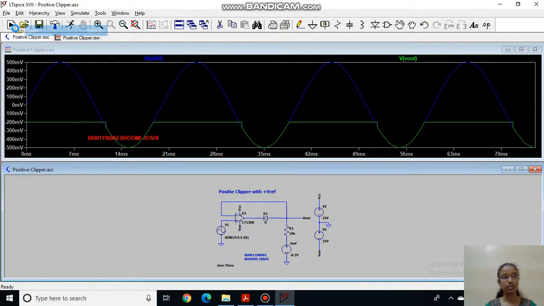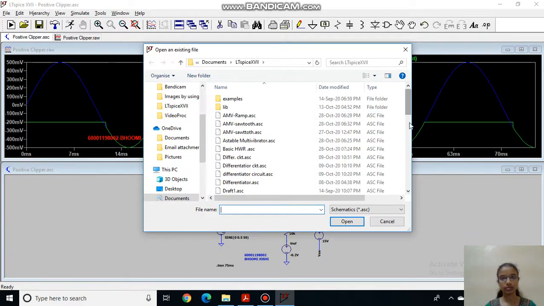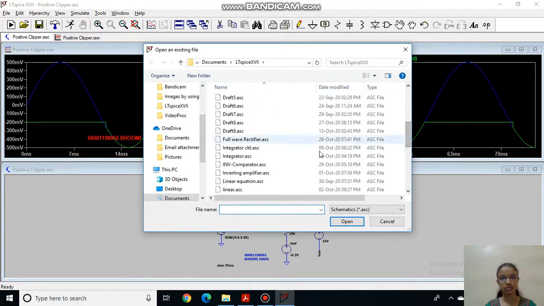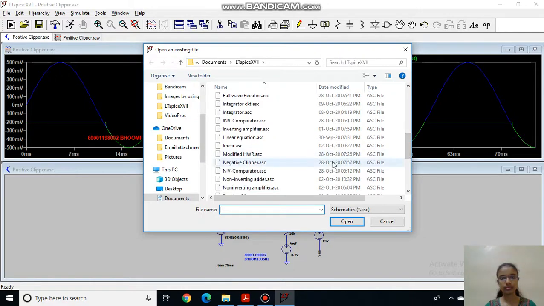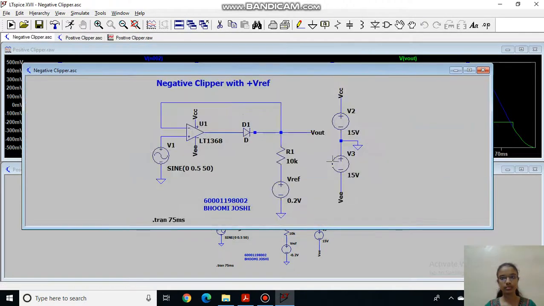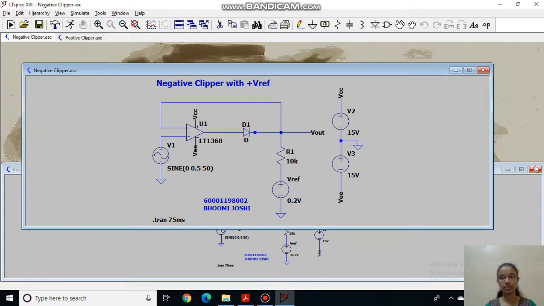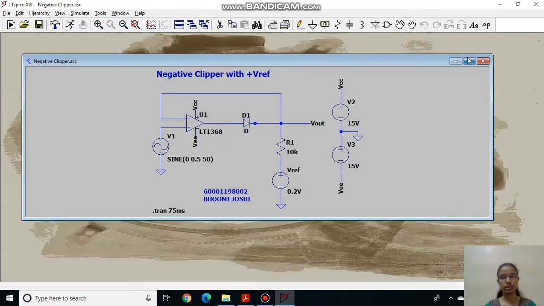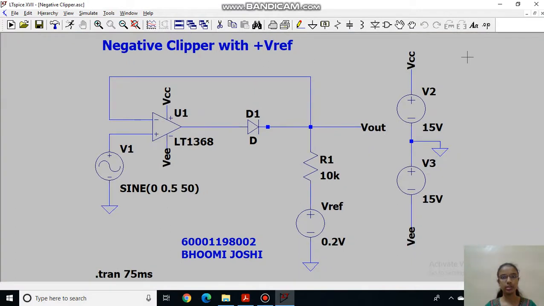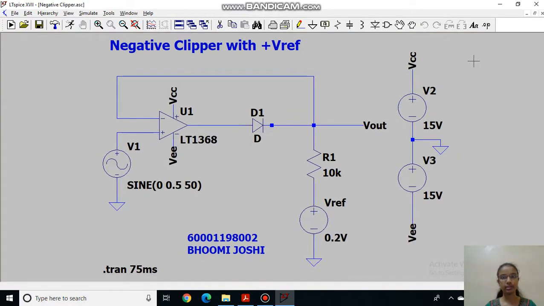So now let us see the negative clipper. This is the circuit of the negative clipper with positive V reference.